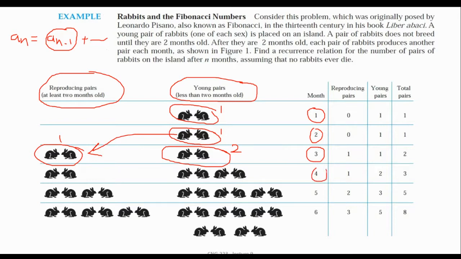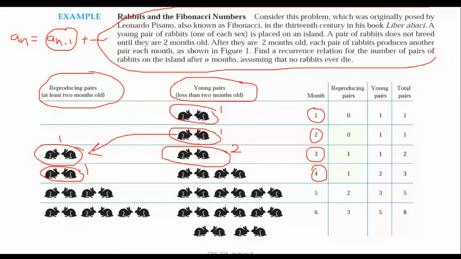In the 4th month, the same parents are already here. And the same parents, again, they can have a baby in the next month. This is the condition. If you read the conditions carefully in this example, then you see each month they can have a baby, but before the 3rd month, it's not possible.